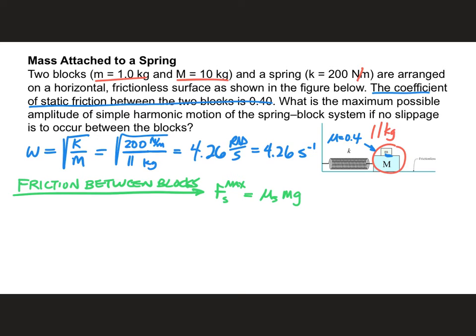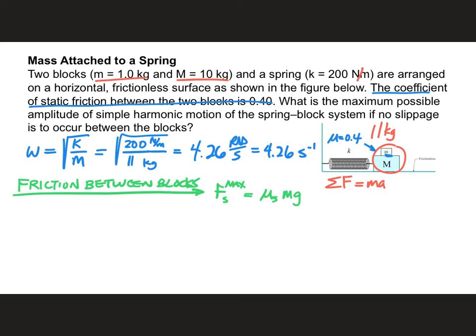It's also the case, if you recall, the sum of forces has to equal ma. All right?